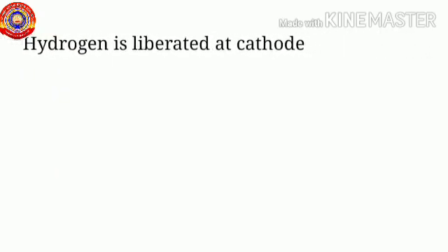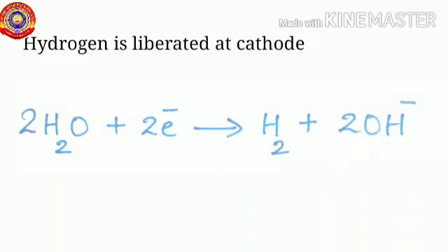As a result, what happened? Hydrogen is liberated at the cathode. The equation for the reduction can be written as 2H2O plus 2 electrons gives H2 plus 2OH-. Water accepts 2 electrons and liberates hydrogen at the cathode.